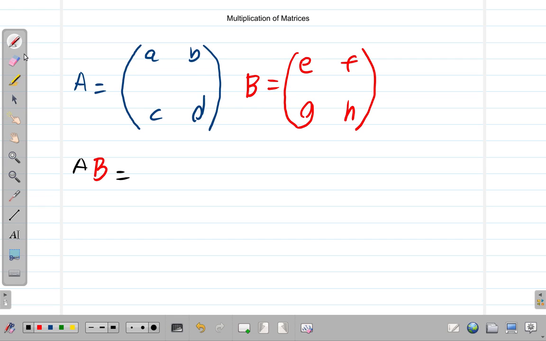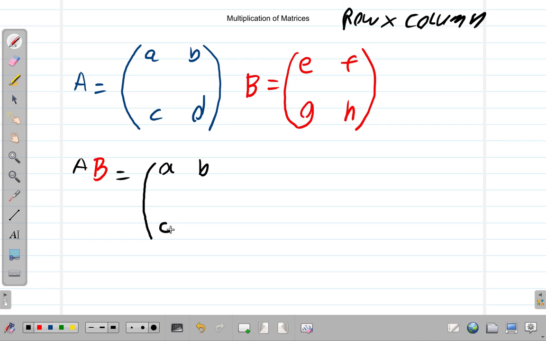Now, when you multiply matrices, you multiply row by column. You multiply row by column. Now, when you multiply AB, these are the two matrices you will multiply.